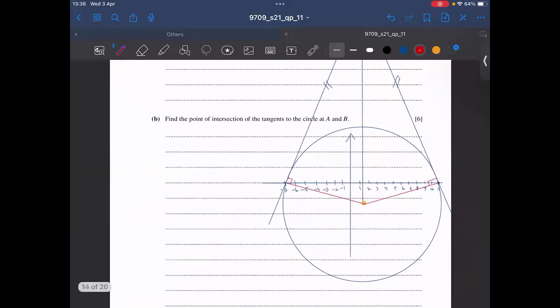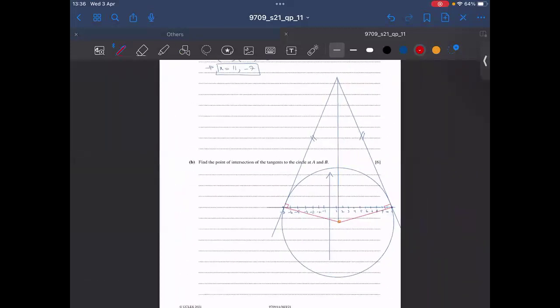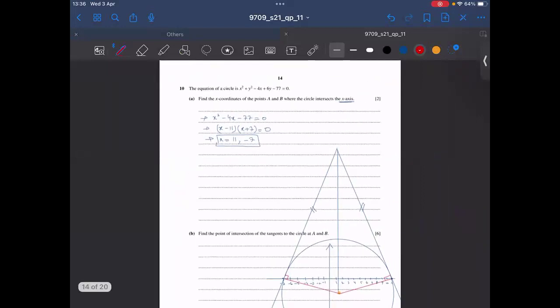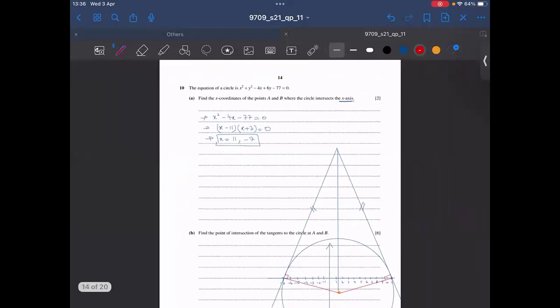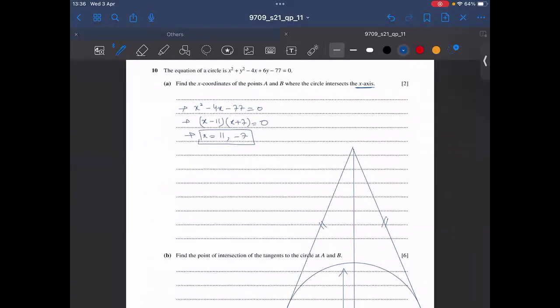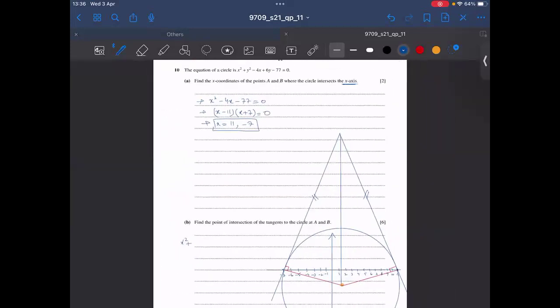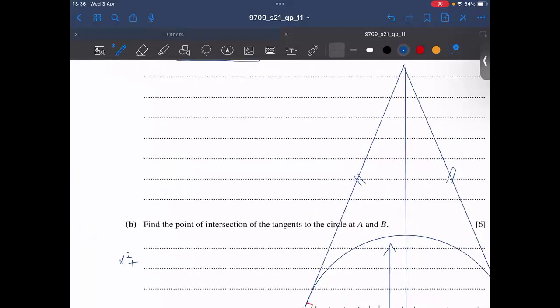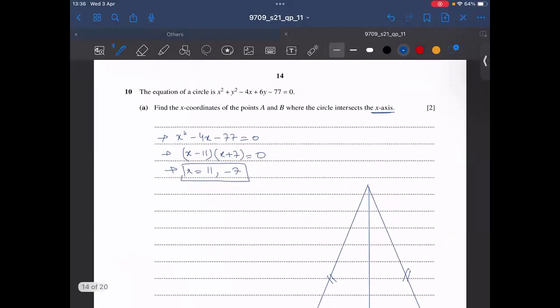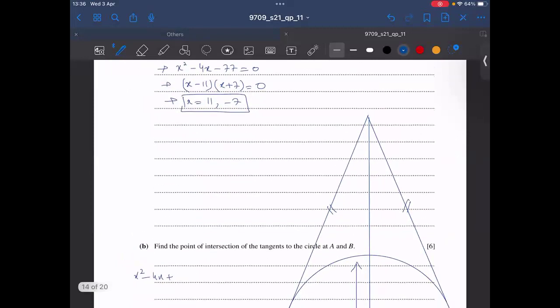Now, we can have the center point. How can we have the center point? Because we have been given the equation of the circle. So let me just rearrange the equation. So x square minus 4x plus y square plus 6y.